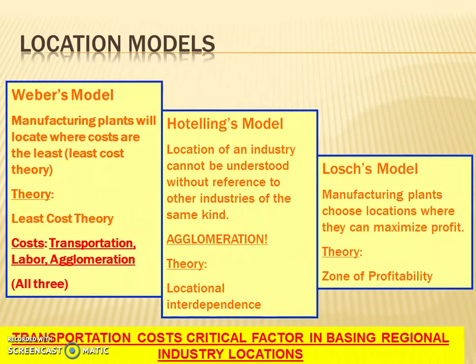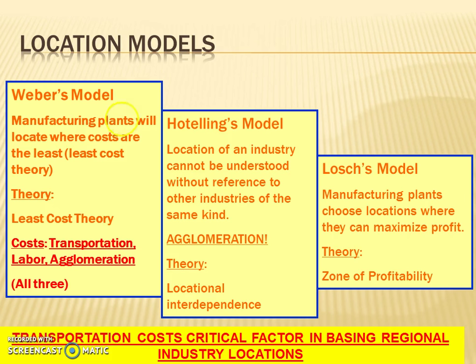Those are very influential in understanding Weber's model. Weber's model is called the least cost theory. And he was very concerned with transportation, ideally, but all of these costs were important to him. But he said that the best place to locate your factory would be where you have the least cost, typically the least cost in terms of transportation. Weight would be a factor in this. I'm going to talk about bulk reducing and bulk gaining in just a second.